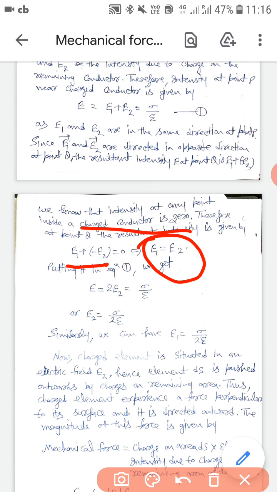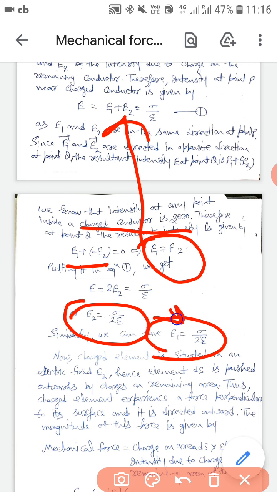Now substitute this in the earlier equation: E will be twice E2, which is sigma over epsilon, so E2 will be sigma by 2 epsilon. Similarly, we can draw this result for E1 as well.